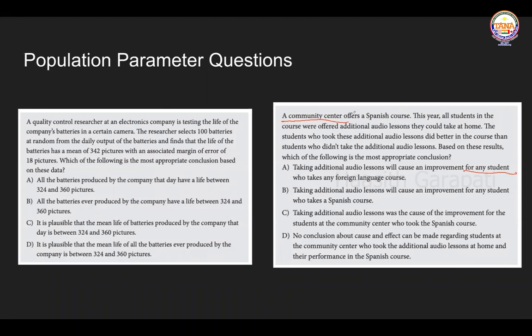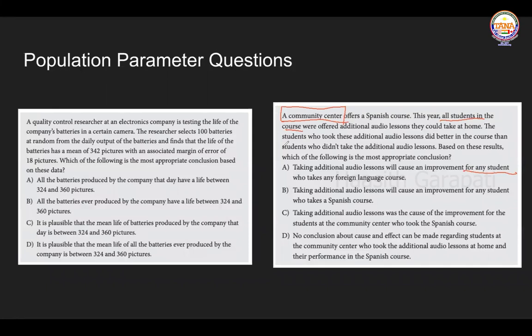Now keep in mind, we only saw information from the community center offering the Spanish course, and all the students in the course were offered, only those in the course. Therefore, we're only allowed to talk about people within the Spanish course. We're not allowed to talk about anyone beyond the Spanish course.